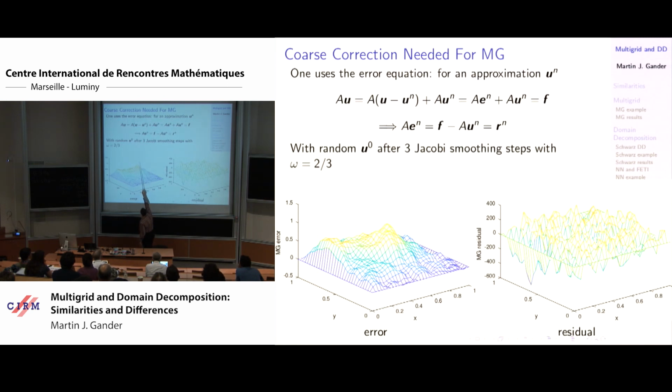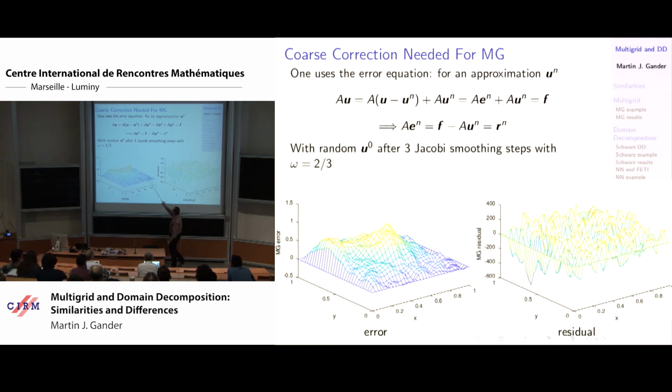And the error is u minus u^n. So I get A times the error is f minus A times my approximation. And so I can put the Au^n on the right, and I find what's called the error equation. A times the error at step n equals the residual. And the coarse correction is based on this error equation in multigrid.